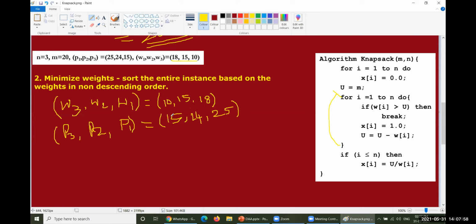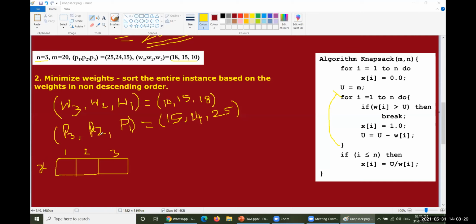Then what shall we have to do? We have to initialize the value of x. Initially the value of x will look something like this. It is an array, and since n equals 3, we have to take 3 x values: the first, second, and third.